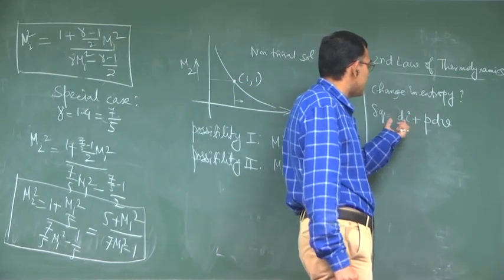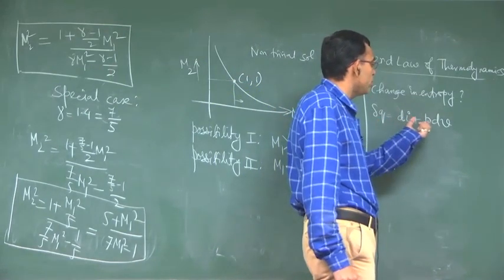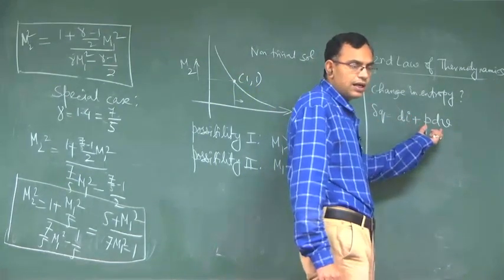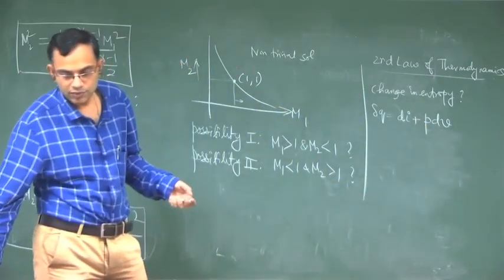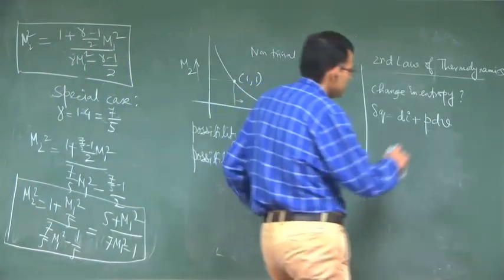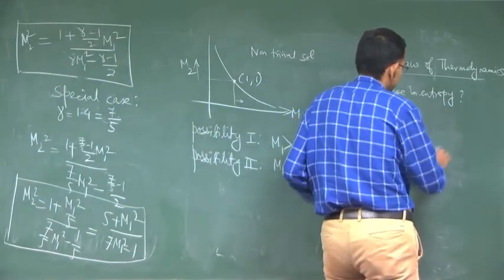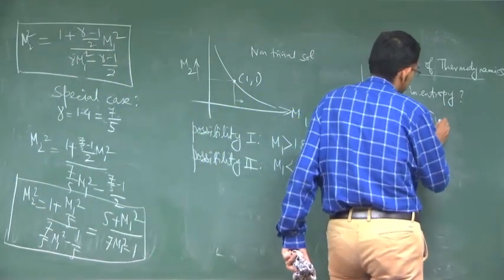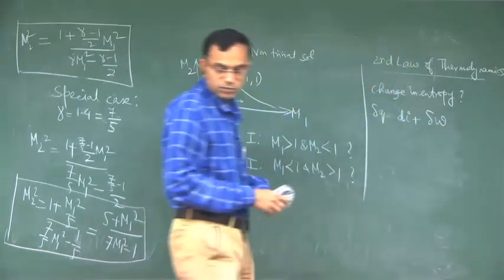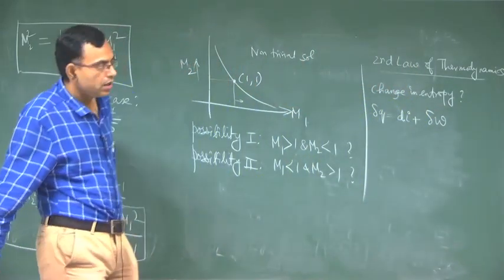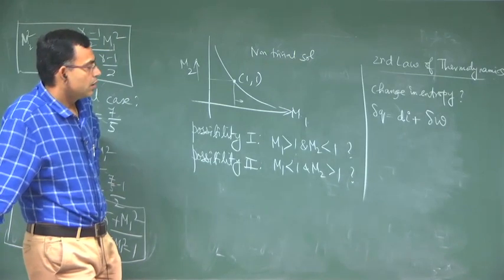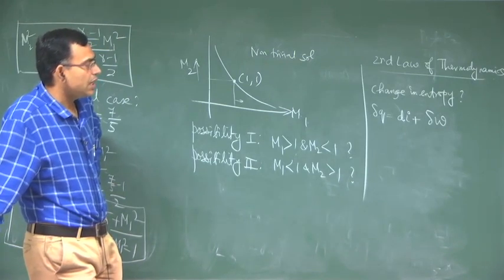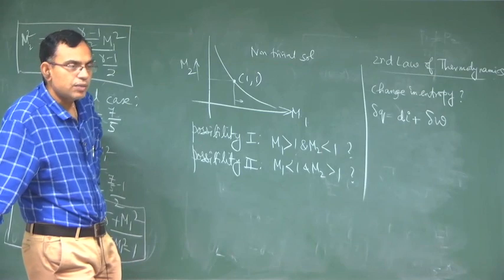So, normally you write del q equal to du plus del w, and so let us start with that form itself. This has only one assumption: neglecting changes in kinetic energy and potential energy.